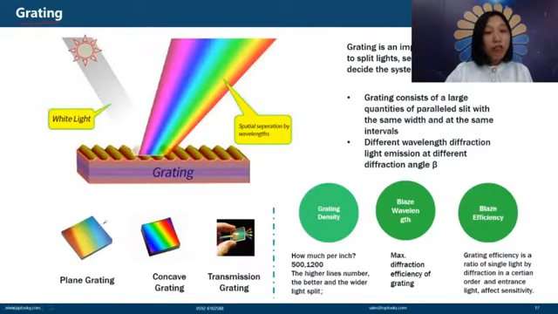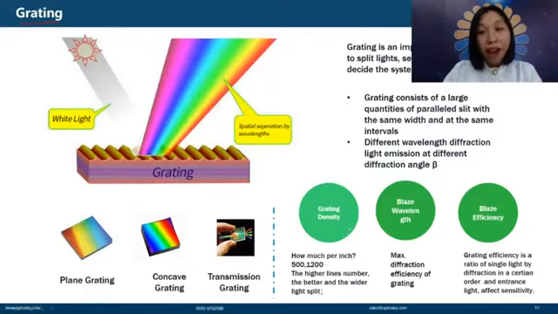And we have a plane grating. The CT and M-shaped CT are plane gratings. And the concave grating looks like this. And we have a transmission grating. It can transmit different lights through the grating.